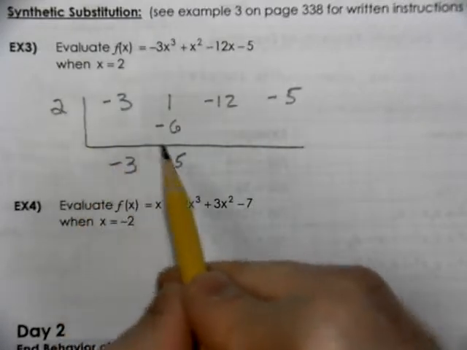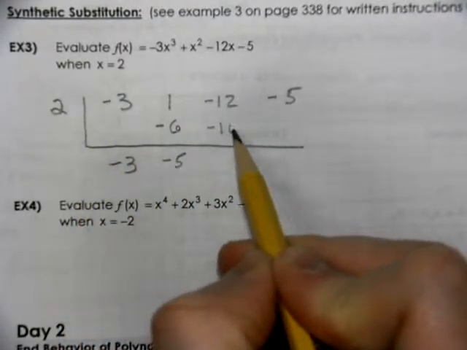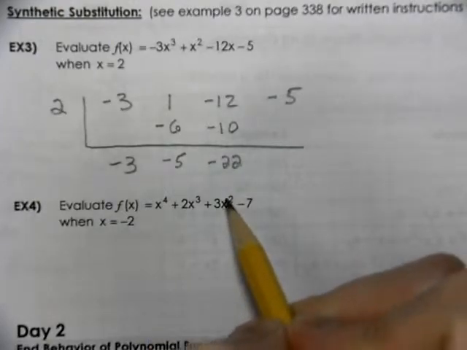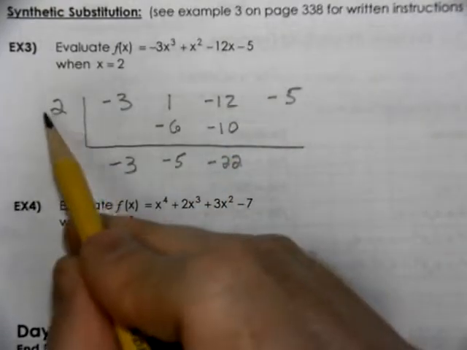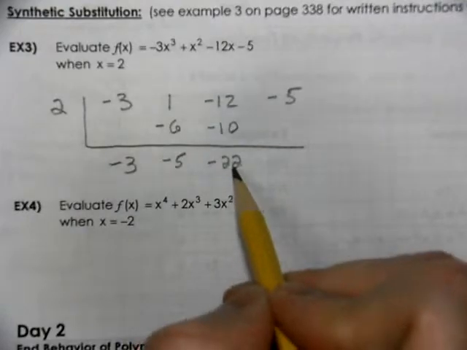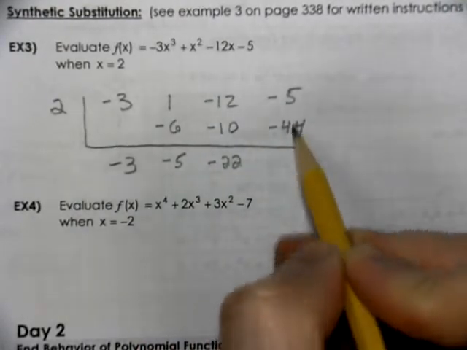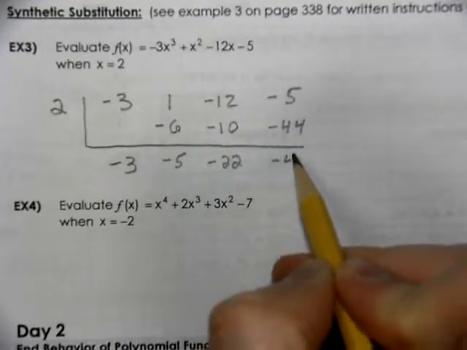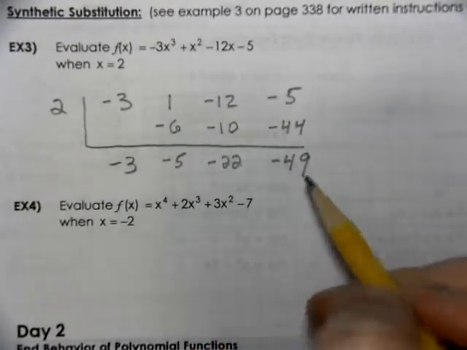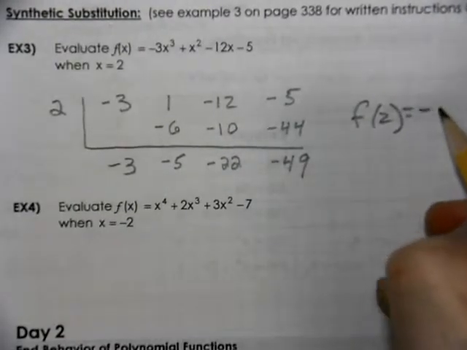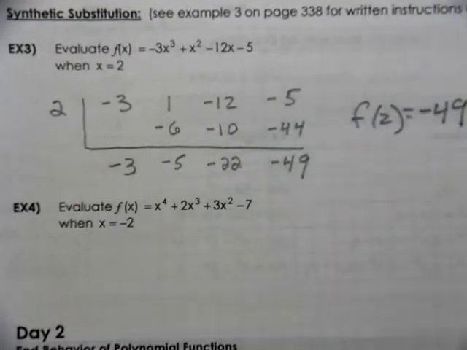Multiply the 2 with the negative 5. Add them together. Multiply the 2 and the negative 22. Add those together. So we know that f of 2 is going to equal negative 49.